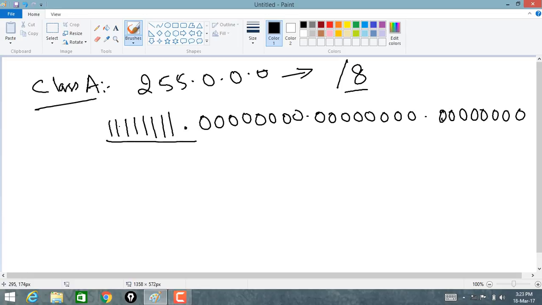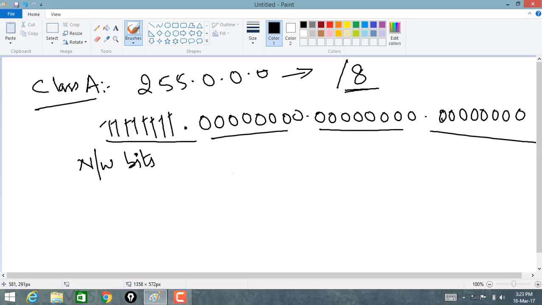So 8 bits are on, that's why we write /8, and these bits are known as network bits, and these zeros can be used for hosts, and hence we call them host bits.